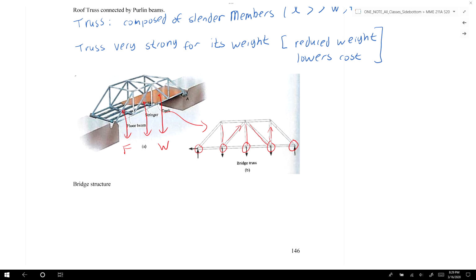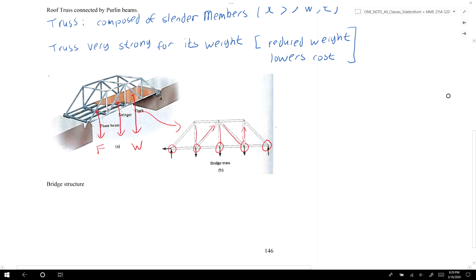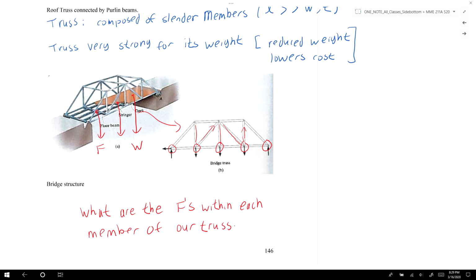What we're going to be interested in for trusses is to know what are the forces within each member of our truss. That is our goal for these videos: to determine the forces within each of these truss members.